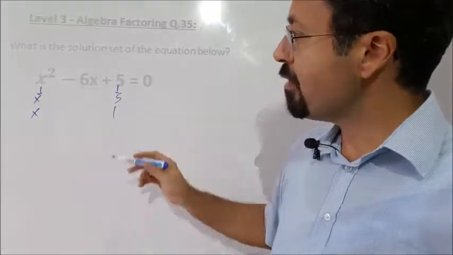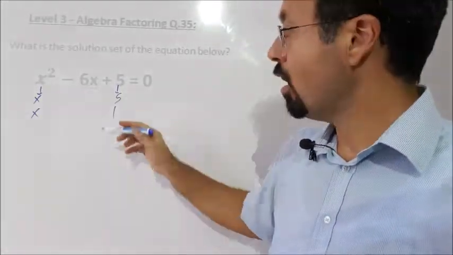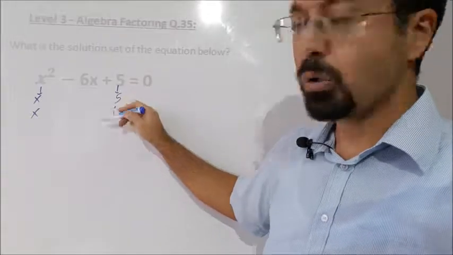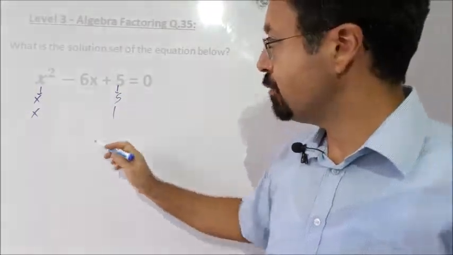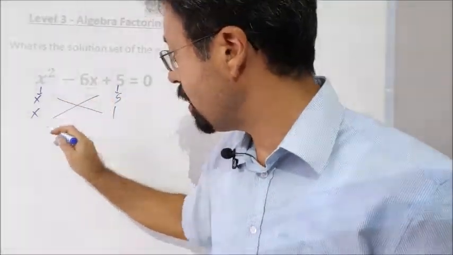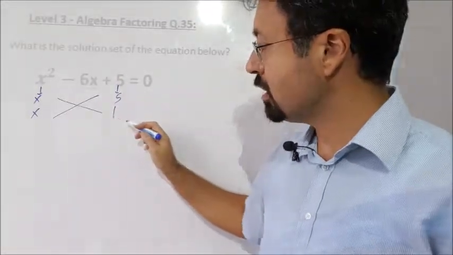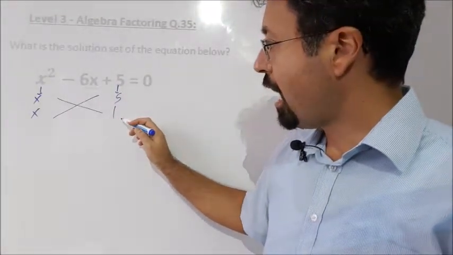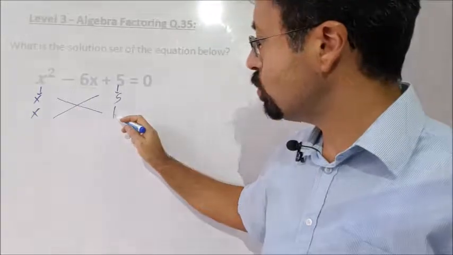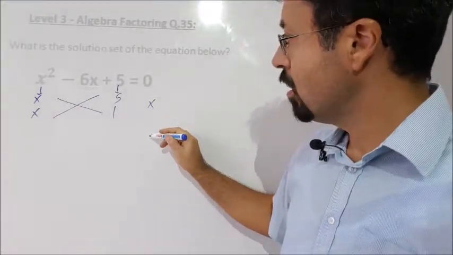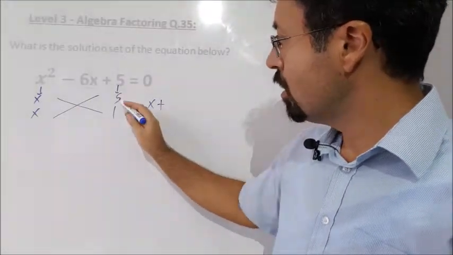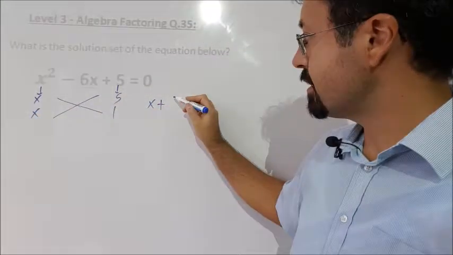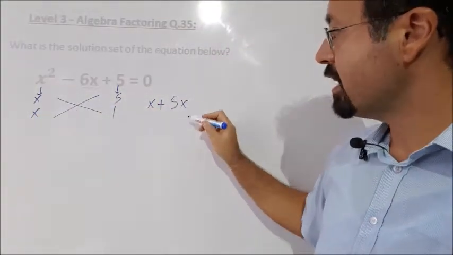So how do we make sure whether they are minus or plus? This is what we do, guys. We do the cross multiplication here. When we do the cross multiplication, x times 1 is x, plus 5 times x is 5x.